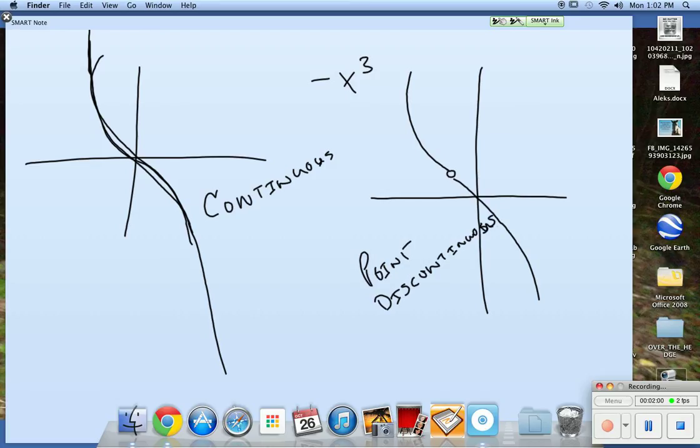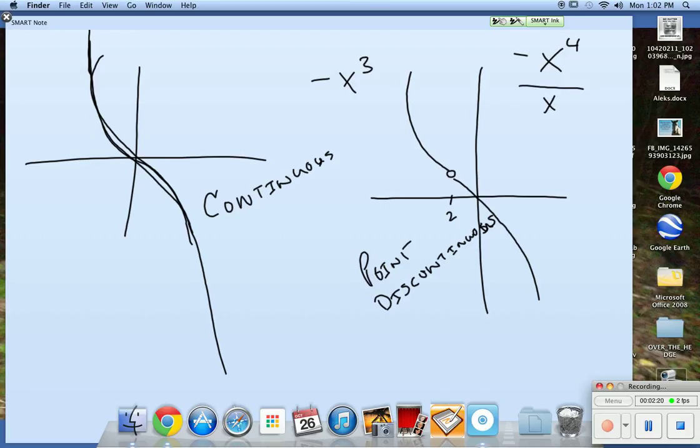There's a difference between the two graphs, and it is not continuous. Let's say that point was 2. At 2 it would not work. What kind of equation would you think that would be?